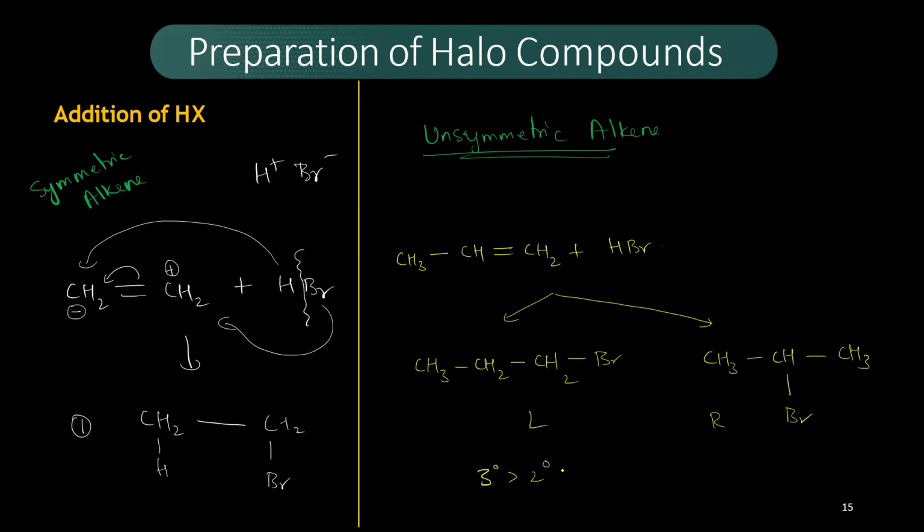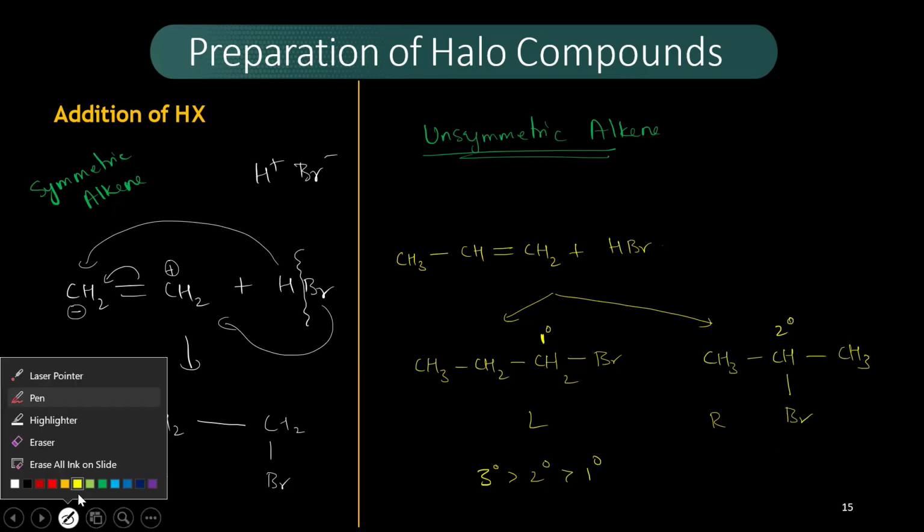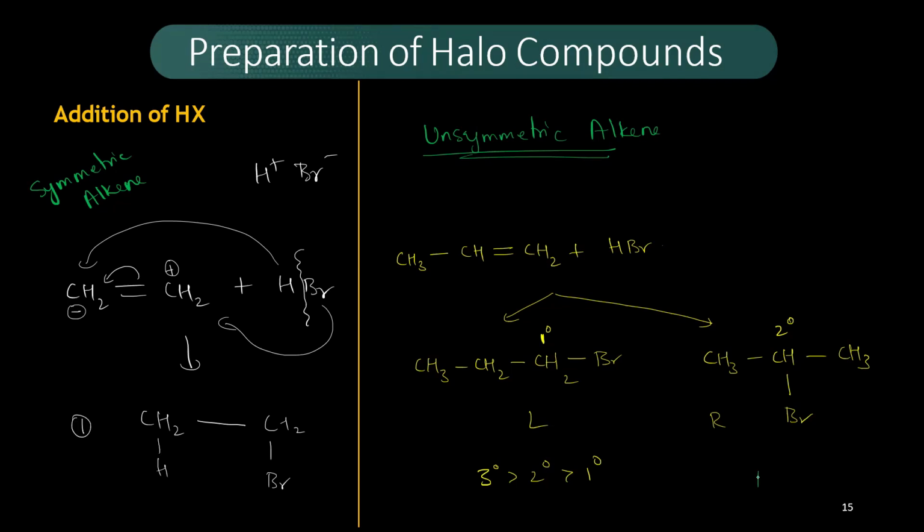Secondary, then primary. Let's say this one is my primary carbon and this one is my secondary carbon. According to this rule, the secondary is more stable than the primary. So the right one will be the major product, and the left will be the minor product.